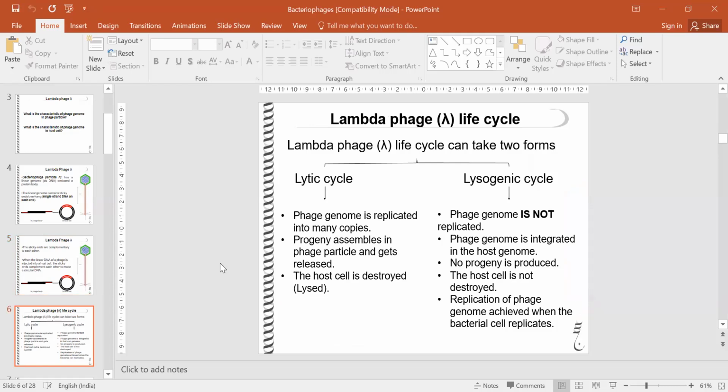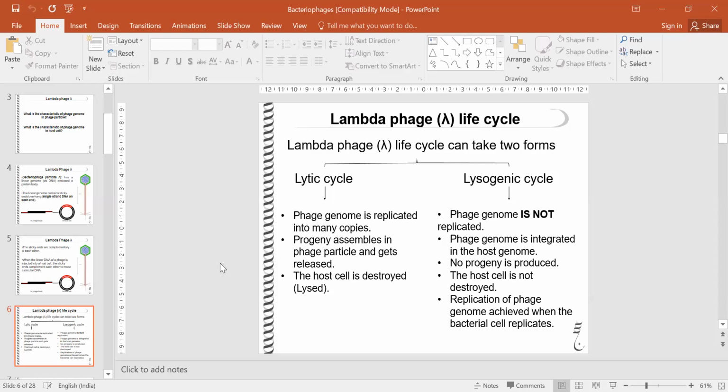In the lytic cycle, the phage genome is replicated into many copies, and they take the whole machinery of the bacterial system, and they carry out DNA replication, transcription, and translation.